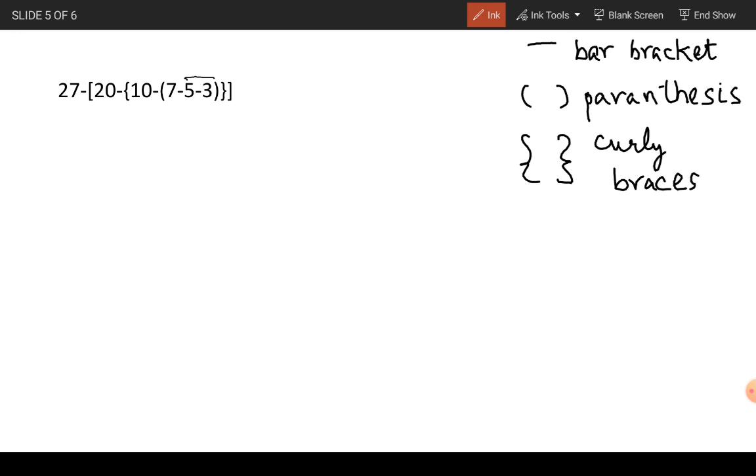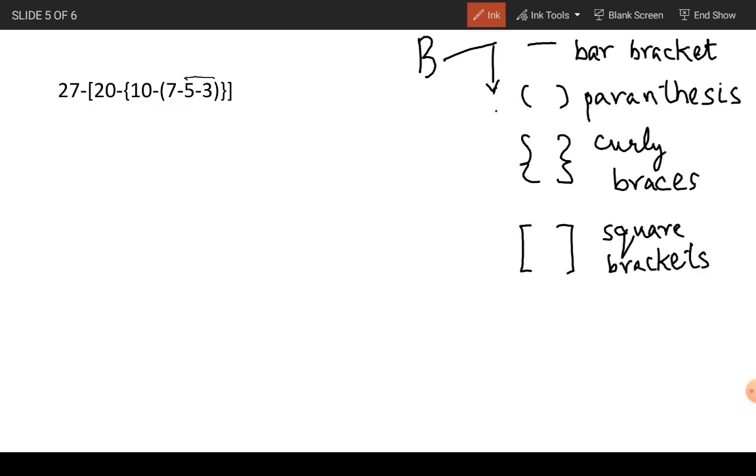And finally you are supposed to solve these brackets, which are called square brackets. So the B in the BODMAS follows this order of operations. Let's try and solve the question on the left hand side.